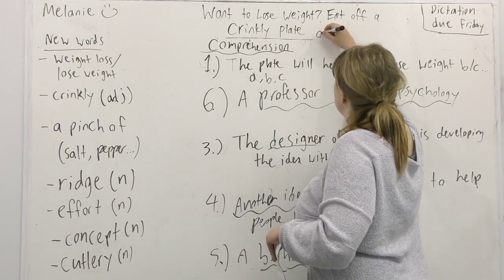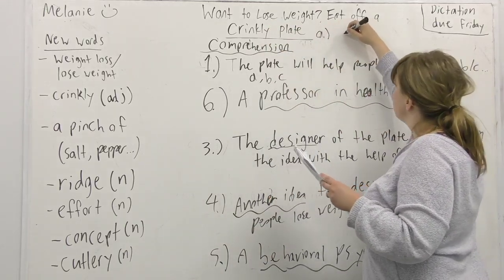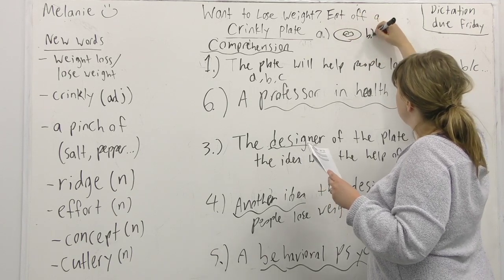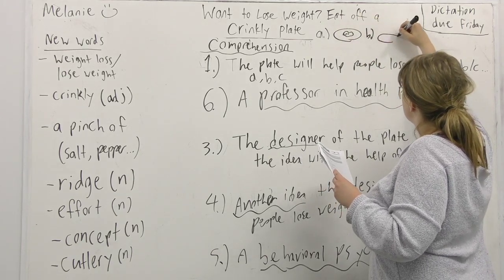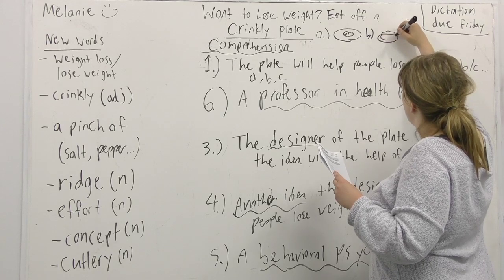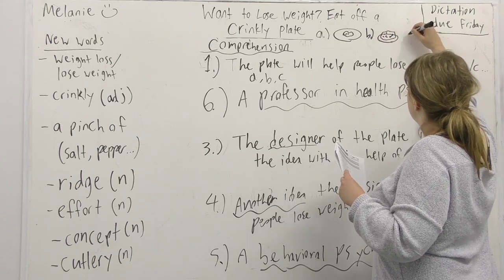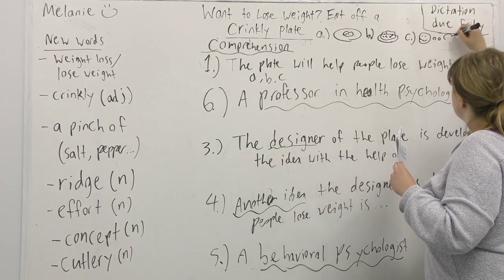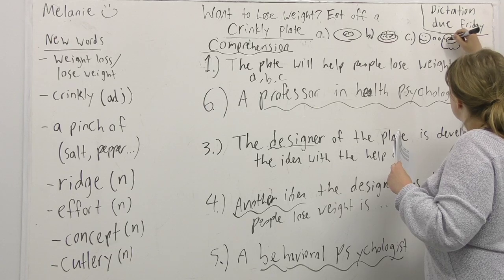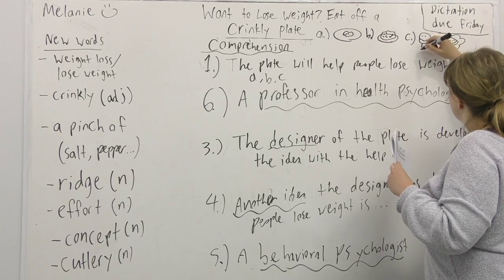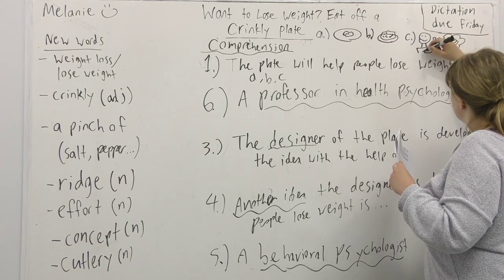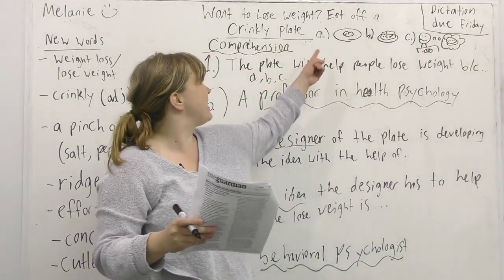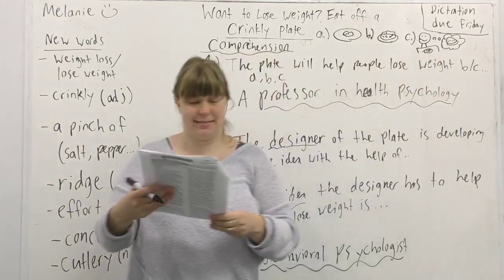Here's A: a big plate and a small portion. B: a small plate and a large portion. And here is C: this person thinks this is a large portion, but actually it's a small portion. Which one do you think it is? A, B, or C?